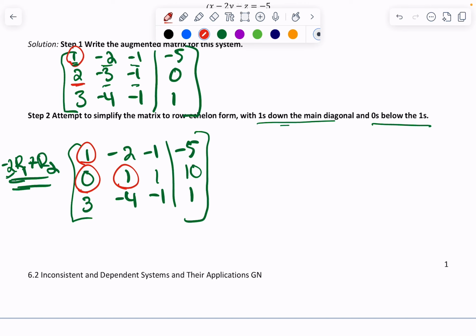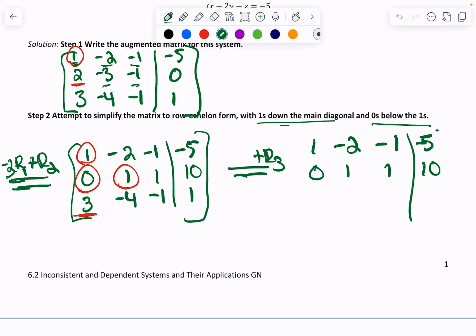Well, we're supposed to actually try to get this to a 0 first. So again, we're trying to get it to a 0, so that means that we'll be adding to row 3, and nothing changes in rows 1 and 2. They're going to be the exact same rows. Now, we have a 1 here, and we need the 3 to become a 0.